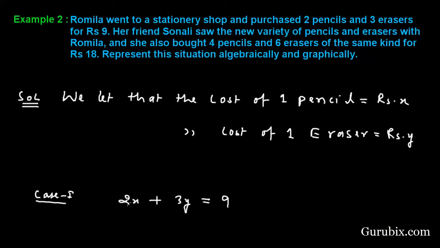Because we have multiplied the number of pencils with the cost of one pencil, it is the cost of 2 pencils, and this is the cost of 3 erasers, and if we add the cost of both erasers and pencils, then we have rupees 9. So we write 2x plus 3y equals 9.